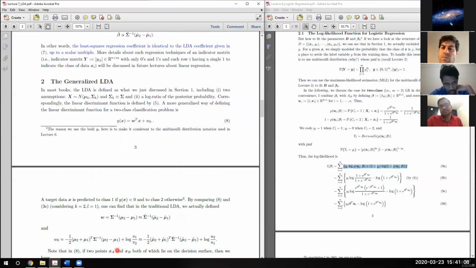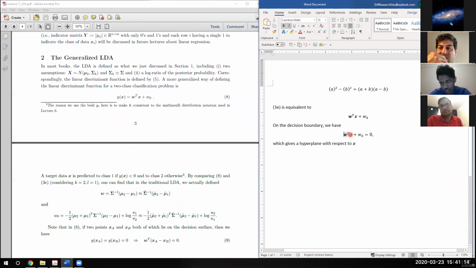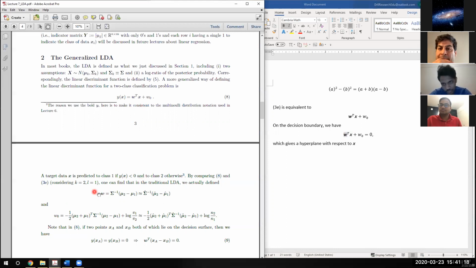As I mentioned just now, in our traditional LDA we can write it this way: W equals this part, which is approximately this, where all the hats mean estimated quantities, and W0 equals this.